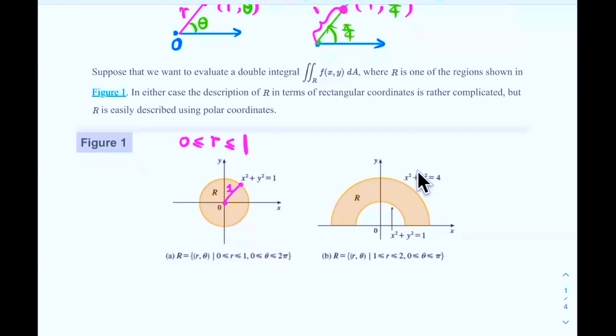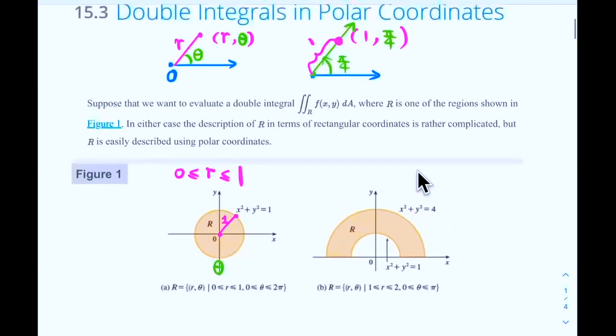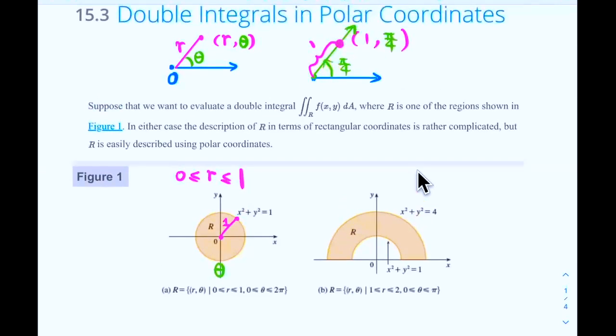Now what about theta? Theta is the angle between this ray and the polar axis. Theta can have many different choices, but the easy one: for this point, theta is equal to 0.